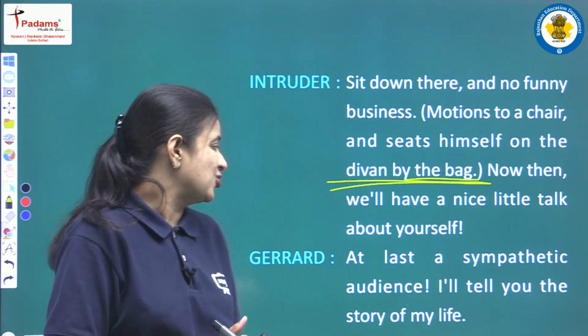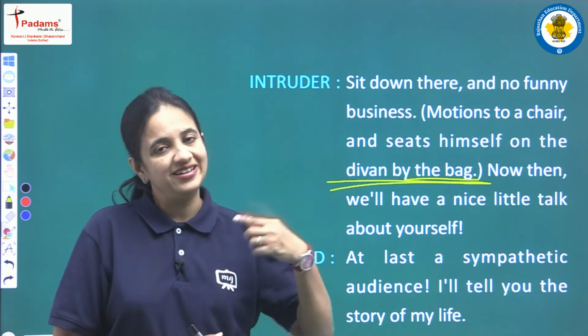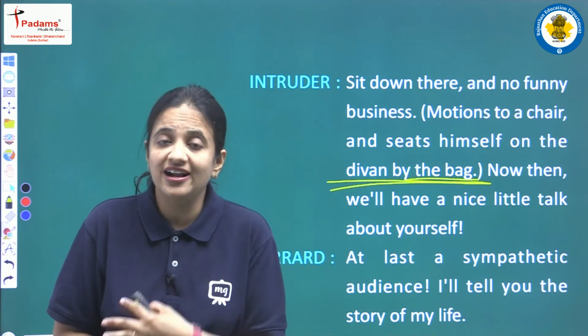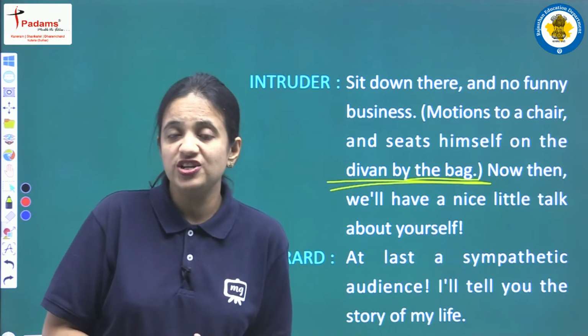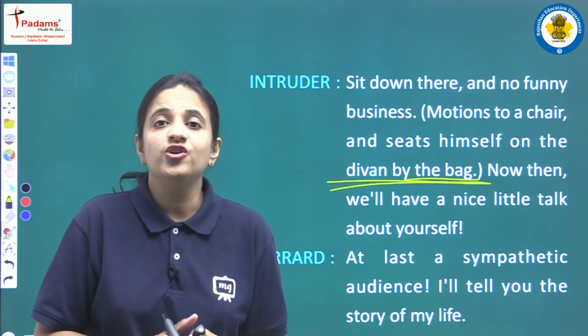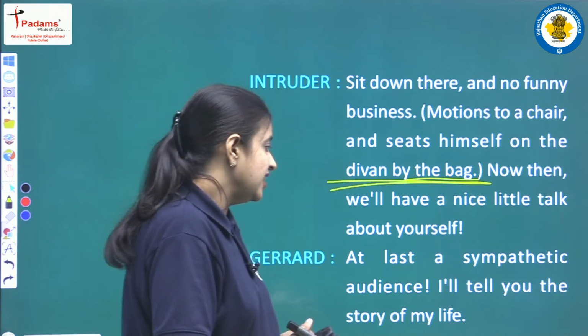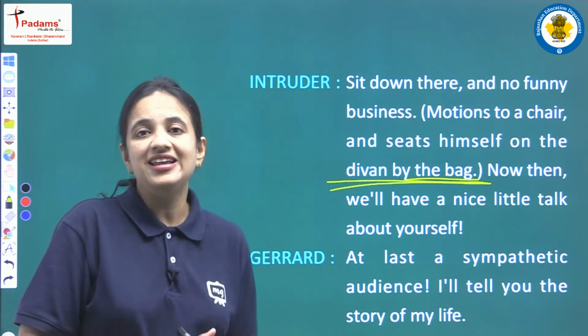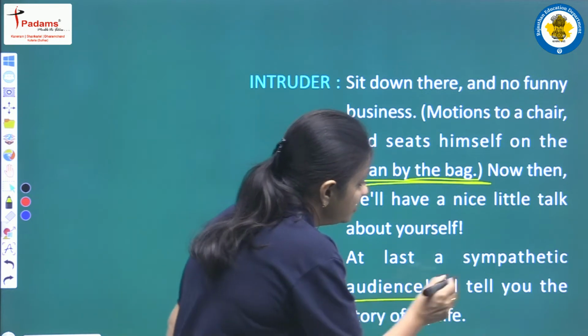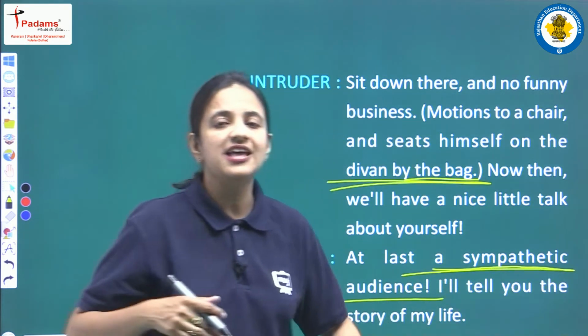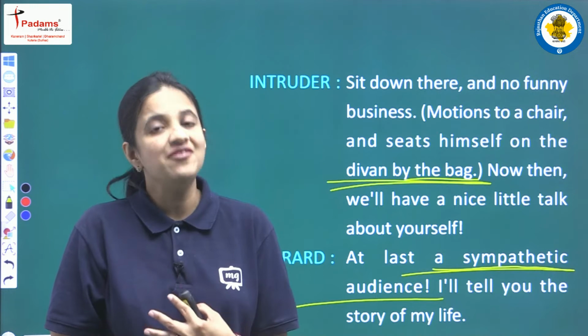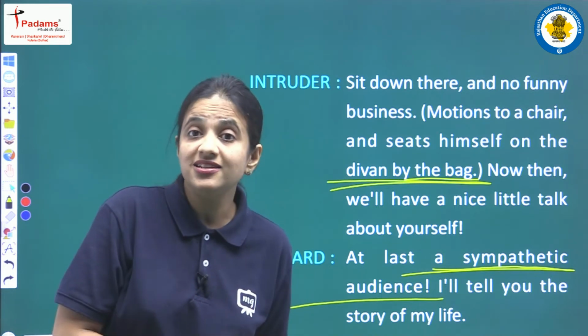I will tell you the story of my life." When the intruder told Gerald that he wanted to ask some questions about Gerald's life, Gerald says that finally he got an audience so sympathetic, with so much interest in his life.